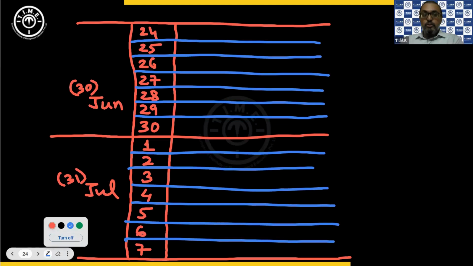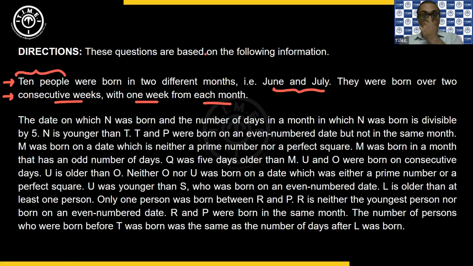Right. And he also does not mention that June should have 5 people, July should have 5 people. He never mentions that. Don't assume something which is not given. We don't know, but we only know total there are 10 people. Right. Now let's start with it.